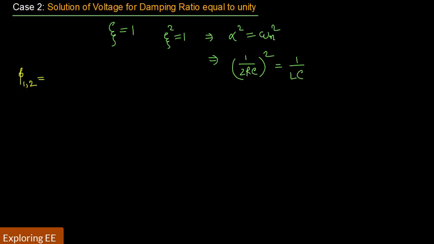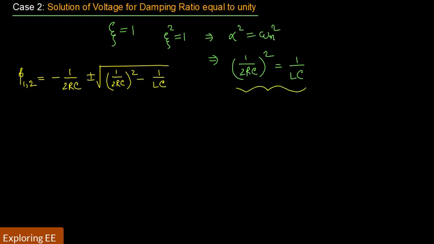The roots of the characteristic equation are given by P1,2 equal to minus 1 by twice RC plus minus the square root of 1 by twice RC whole square minus 1 upon LC. So from this relation beta is equal to 0.